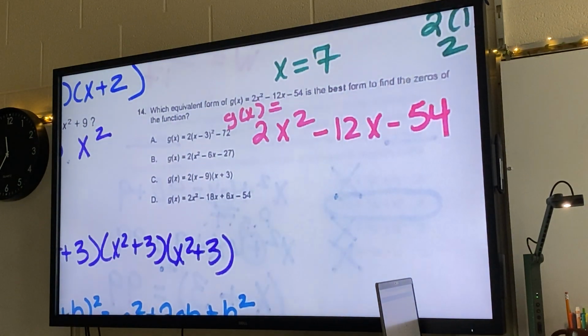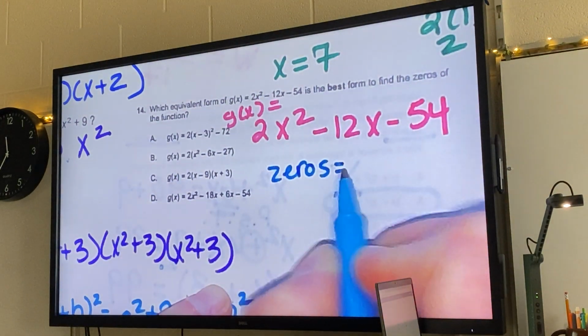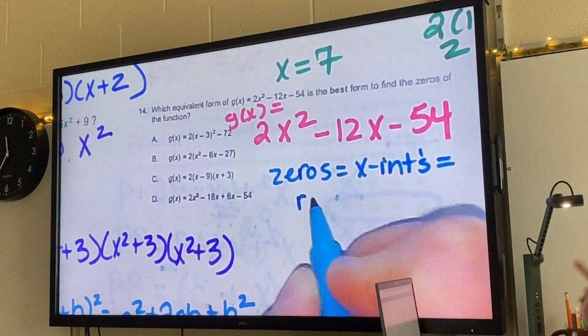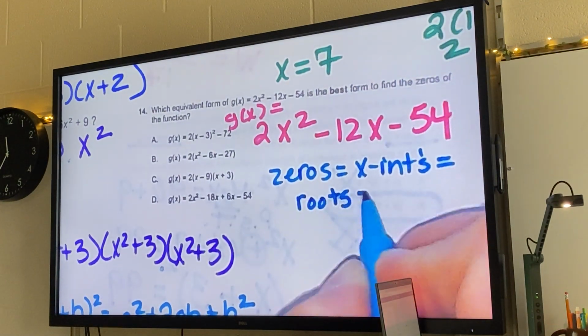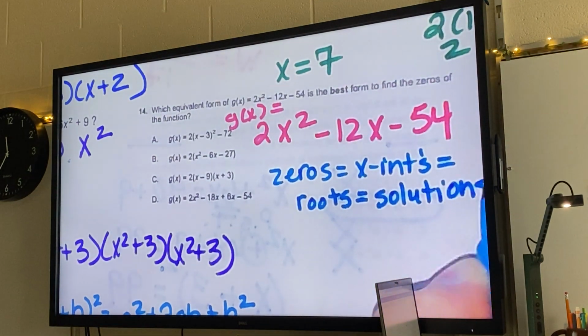Remember, zeros are the same thing as x-intercepts, which are the same things as the roots, which are also called solutions. So they could say all those things.